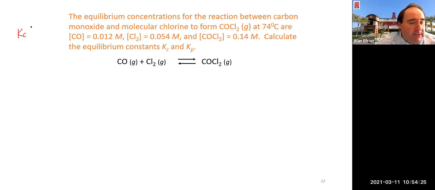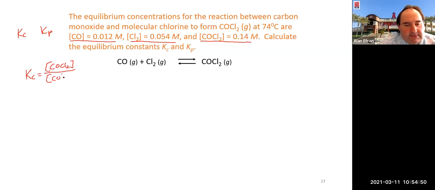Kc deals with concentrations, Kp deals with pressures. So it would make sense to begin with Kc, as we are not given anything about pressures, but we are given concentrations. Starting with Kc, our Kc would be our products divided by our reactants.